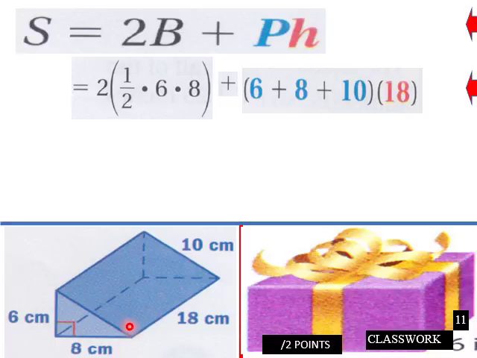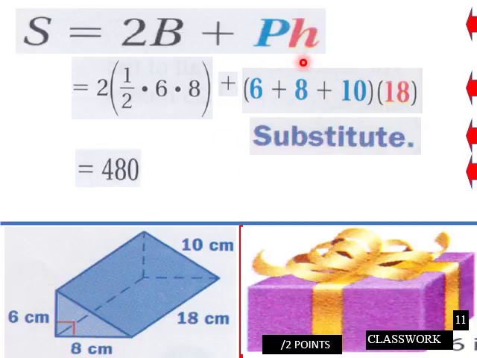So here is our height, and then our 10 here is our hypotenuse. So that would be this area times this over here, and then this bottom piece down here. Then 6 plus 8 plus 10, that would be our P, and then our H should be 18. This would be our height here.